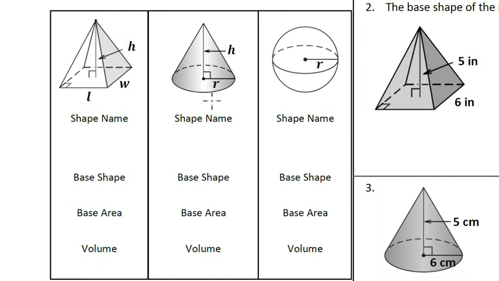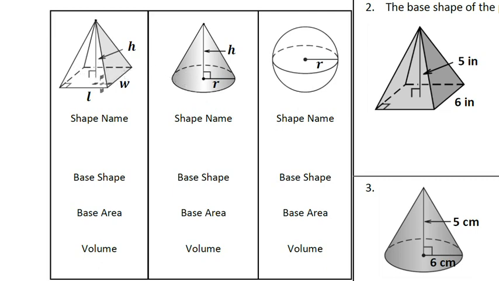A cone also has an apex or a top. You've got a circular base, and then all of your lateral face is basically wrapped around the circumference of the circle, and it meets together at a point at the top called the apex.